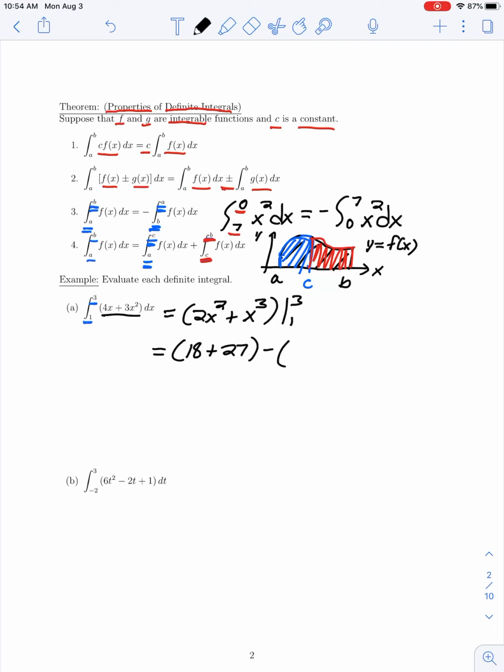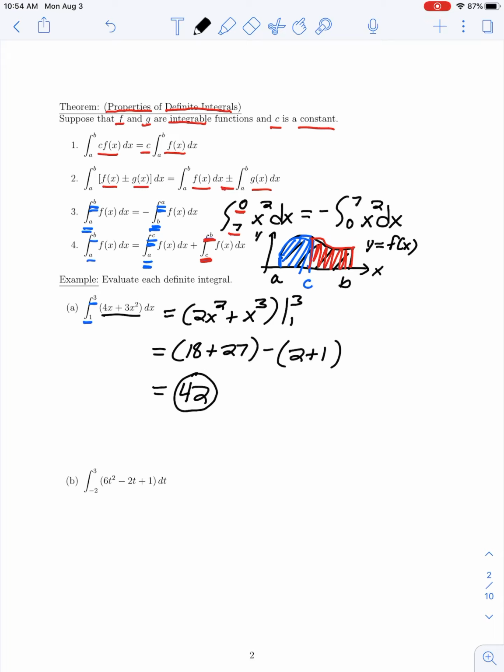And then we subtract the value that we get when we evaluate at the lower limit of integration, in this case 1. So evaluating at 1, we would have 2 plus 1 cubed, which is 1. So we have 18 plus 27, and then we're subtracting 3, which leaves us with a value of 42.